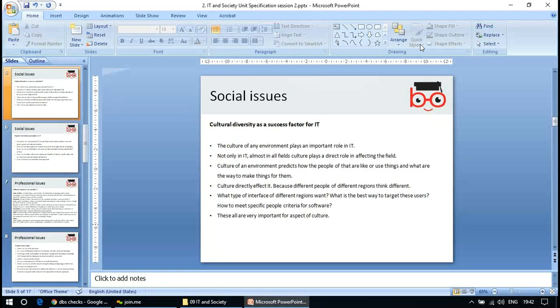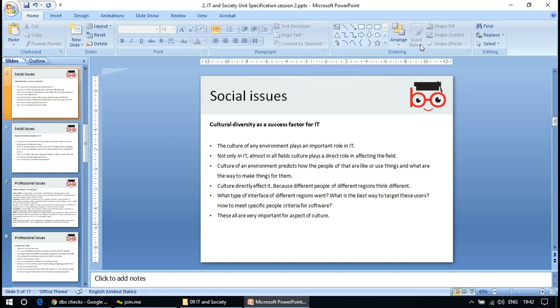Makes sense? Yeah, I get that now. So not only in other fields, but even in IT, the writer says that cultural diversity is helpful.